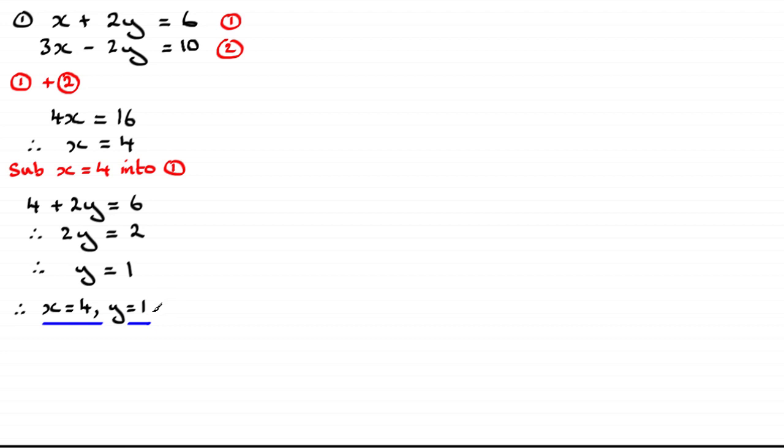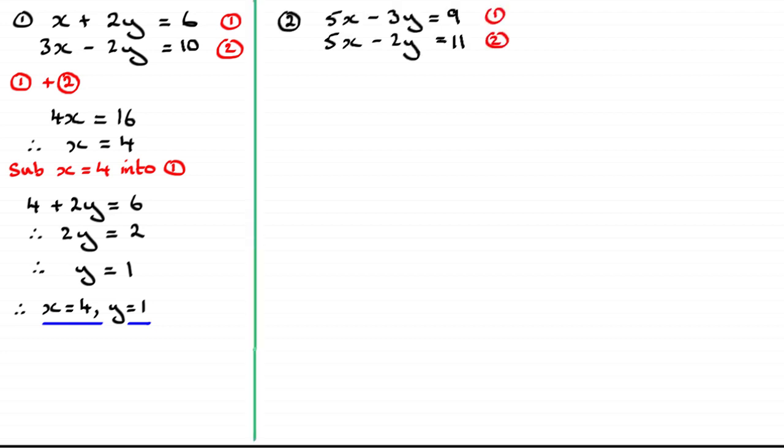Now, what I thought I'd do very quickly is give you this question here. All I want you to do at this point is just tell me what you would do. Would you add the two equations or would you subtract the two equations? Just enter that in. What would you do? Add or subtract?